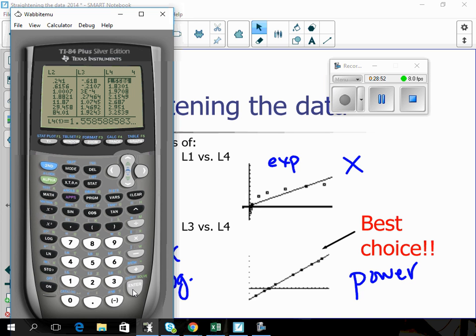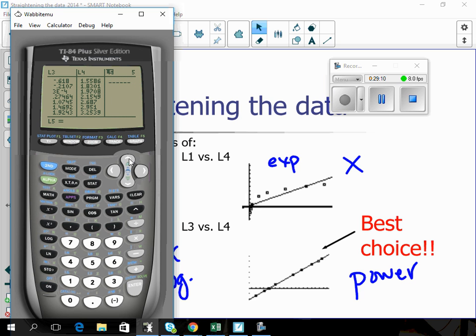If I did a residual plot on list 3 versus list 4, what should we expect to happen? Expect it to be random, right? Because the original residual plot had a definitive pattern.